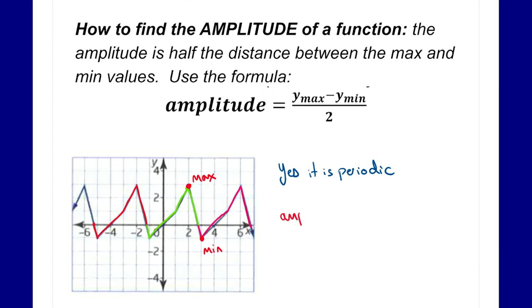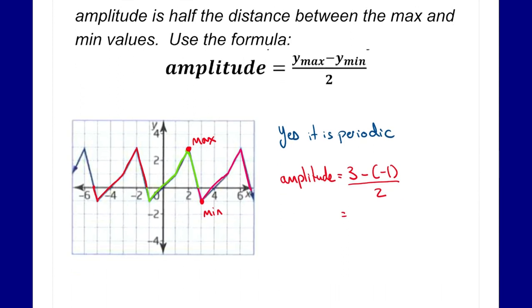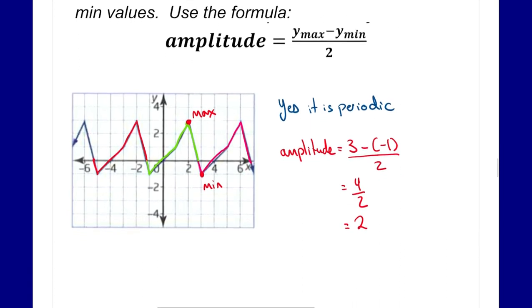So my amplitude is going to equal my maximum, 3, minus my minimum, which is -1, divided by 2. My amplitude is 3 minus -1, or 4 over 2, or 2. So my amplitude is 2.